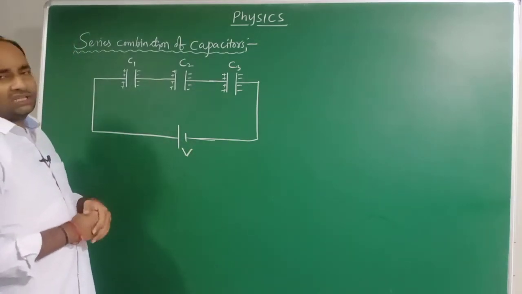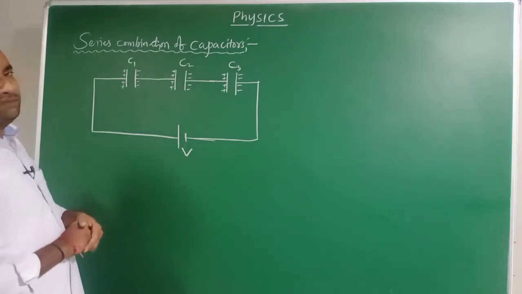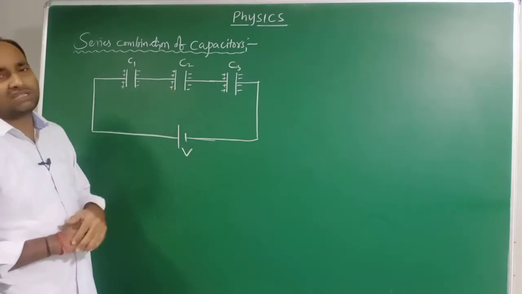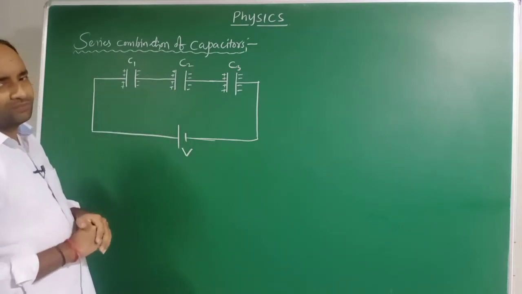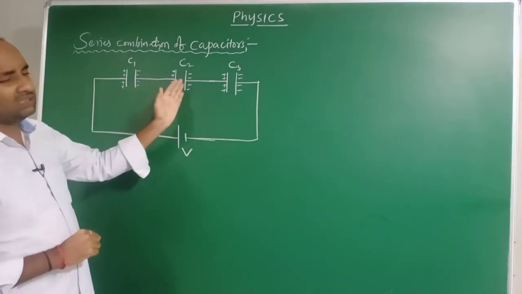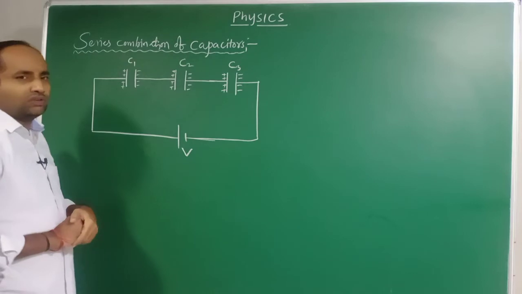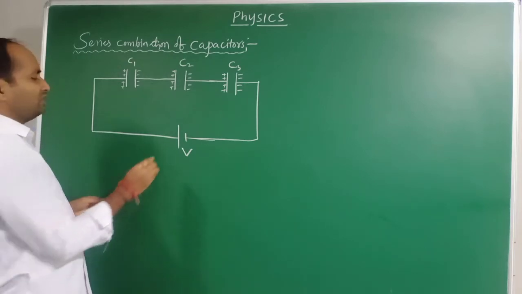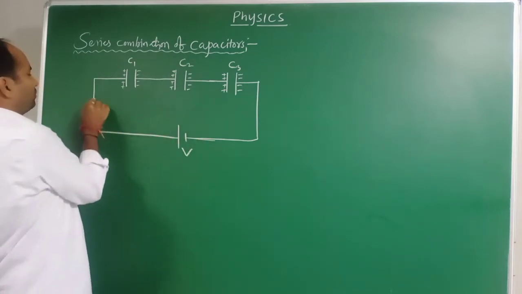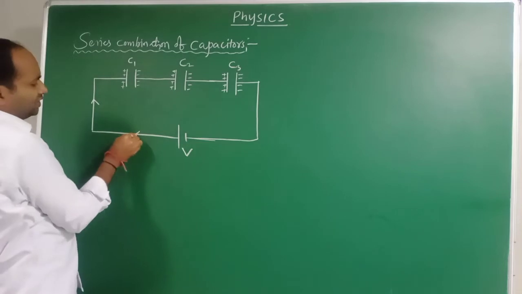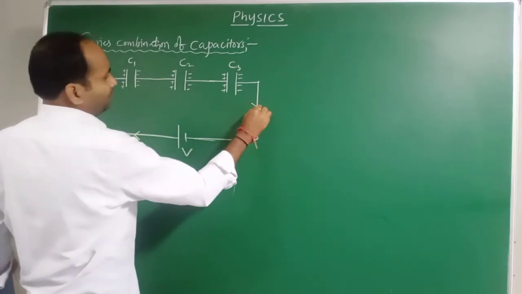If you observe this diagram, whenever we connect the capacitors in series combination, we know that charge always flows from higher potential to lower potential. This is the direction of flow of the charge.